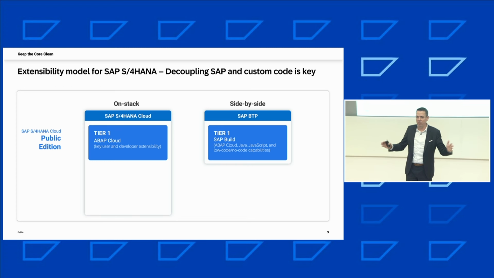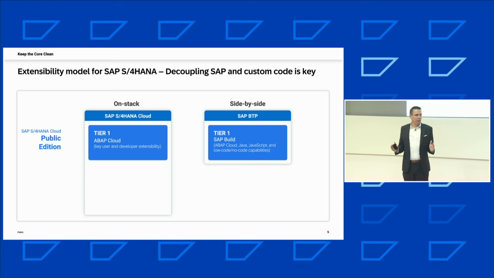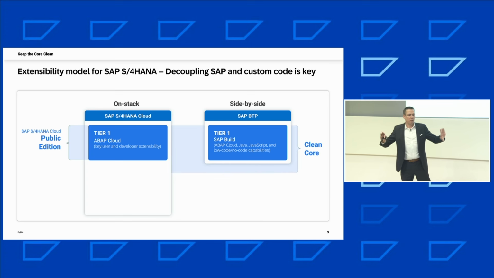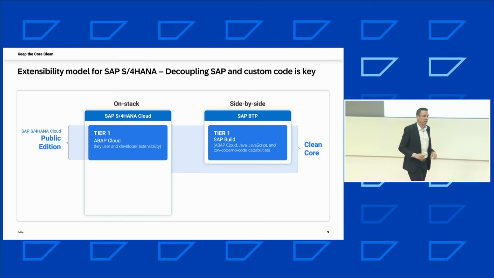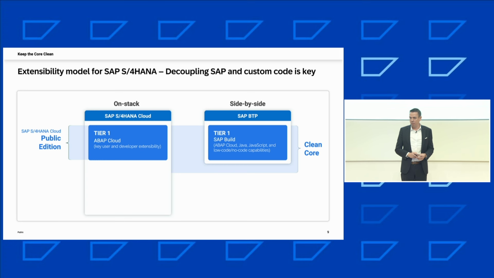I presented yesterday SAP Build and the capabilities, what you can do with ABAP, what you can do with Java, JavaScript, the low-code tools, everything available on the BTP. So this is tier 1 extensibility in what we consider as clean core compliant. This is available in the public cloud, and it is in the same way available in the private cloud.